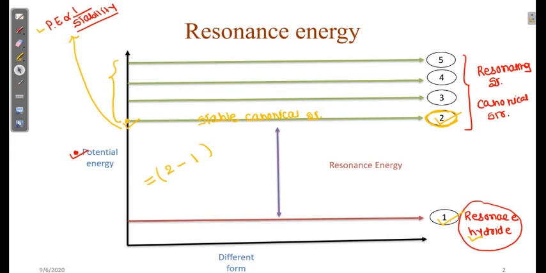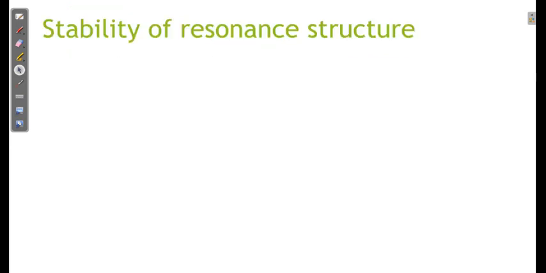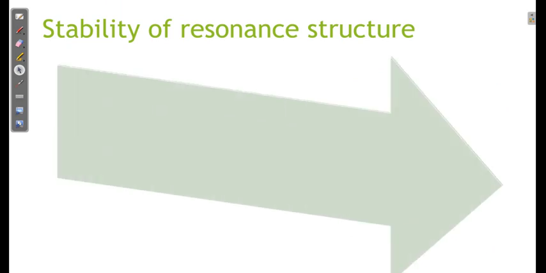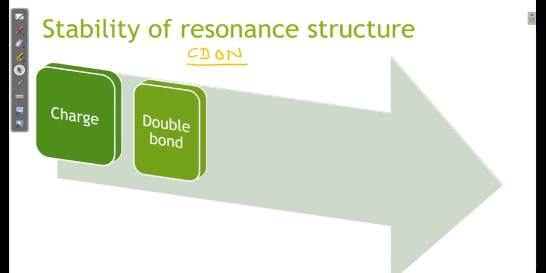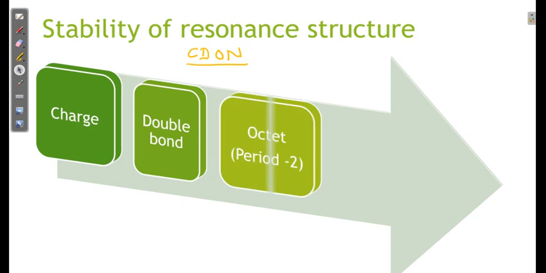Let us go ahead. To find the stability of resonance structures, I have made one picture for you. You always have to follow this picture, and I made a mnemonic, CDON. What is C? The first is charge. What is D? Double bond. What is O? Octet.